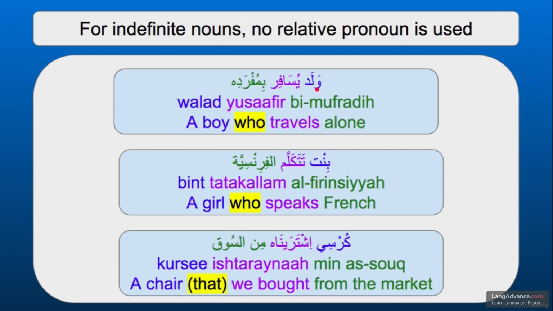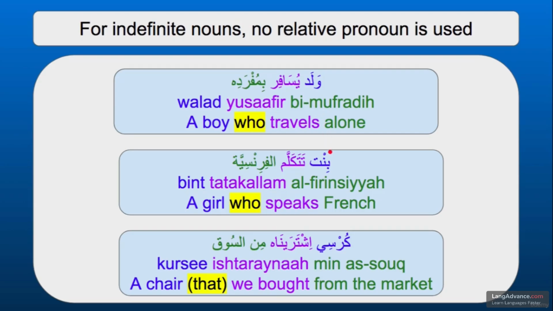So we can say something like ولد يسافر بمفرده, a boy, which means ولد, يسافر means travels, and بمفرده means on his own or alone, a boy who travels alone.